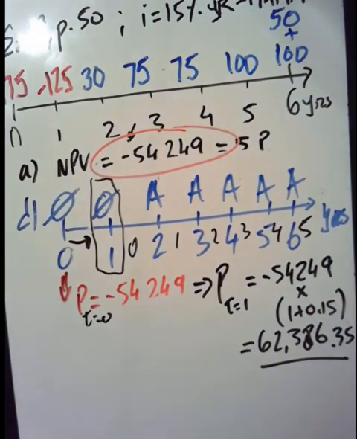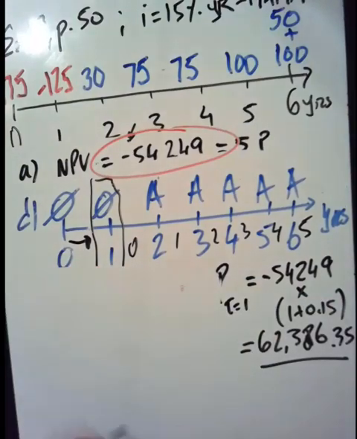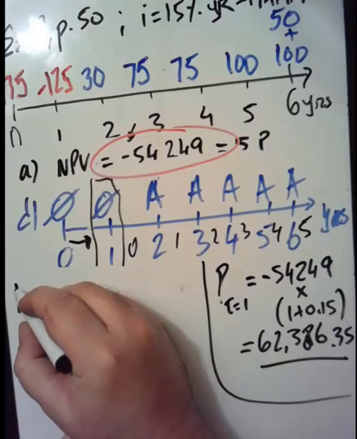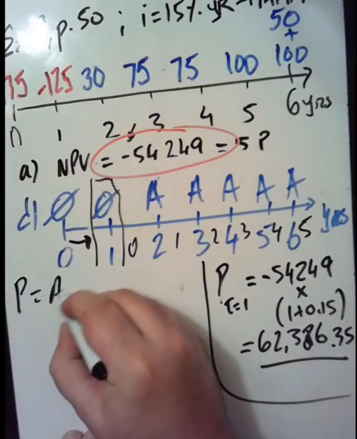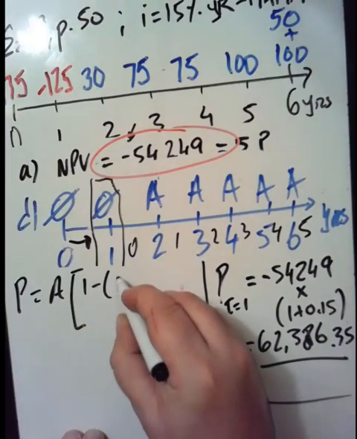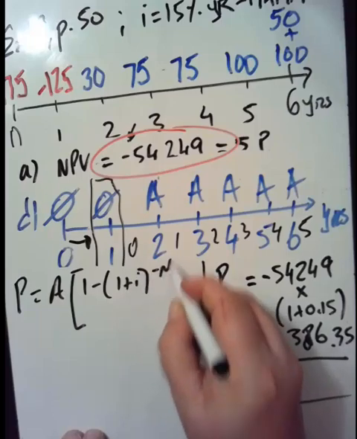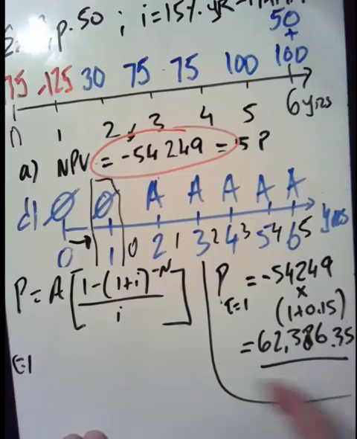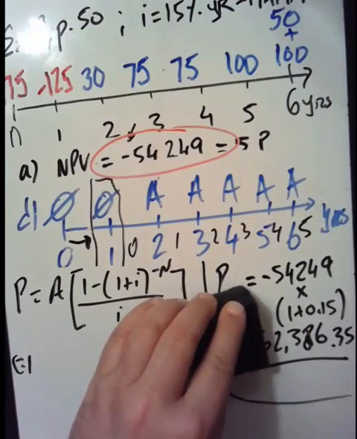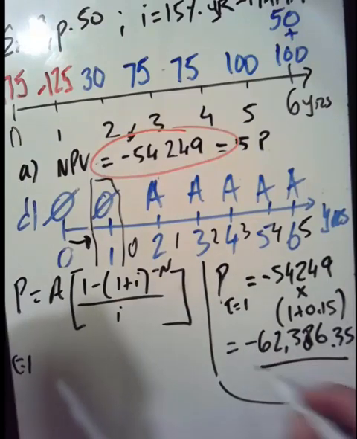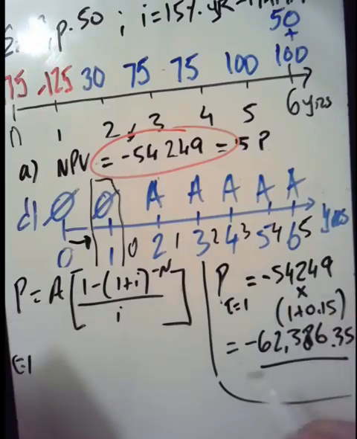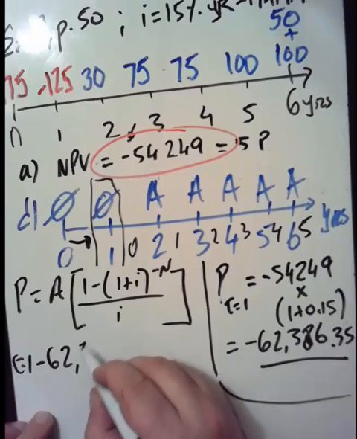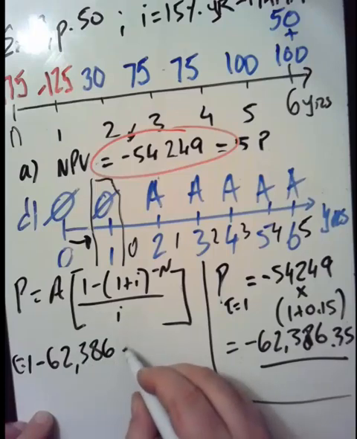So we're going to use the present value of an annuity formula. Plug this present value, which is negative, right? It's negative. So negative 62,386.35.